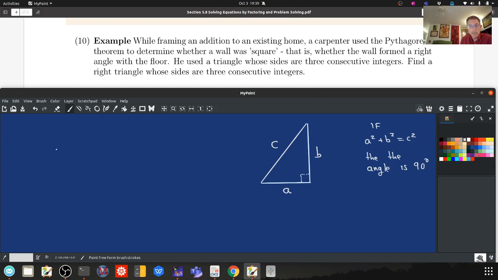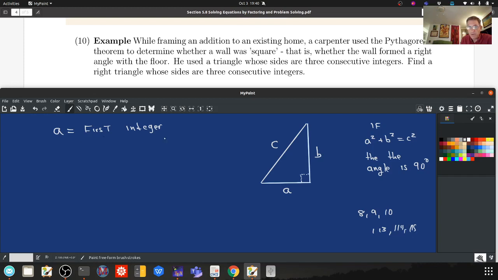So I'm going to let side A be equal to my first integer. What are consecutive integers? Numbers like 8, 9, and 10, or 113, 114, 115. One after the other.